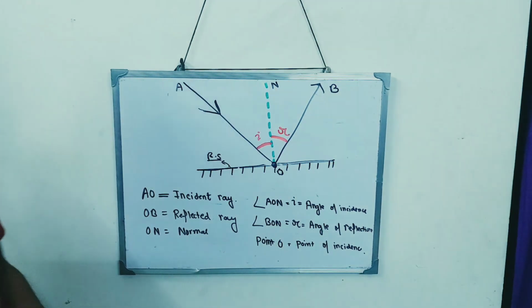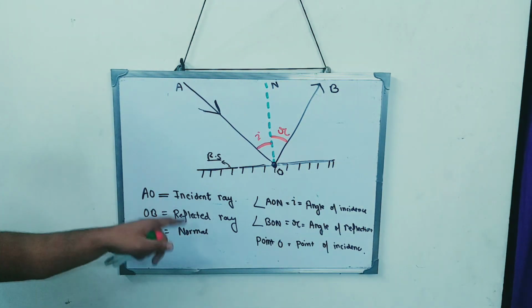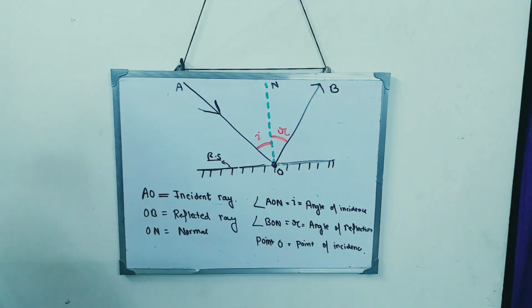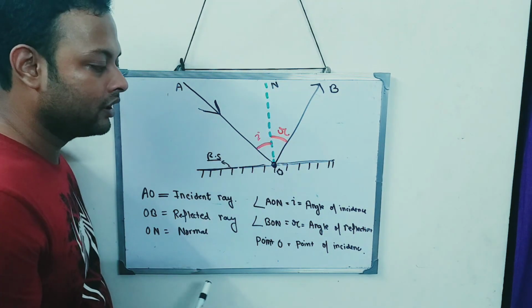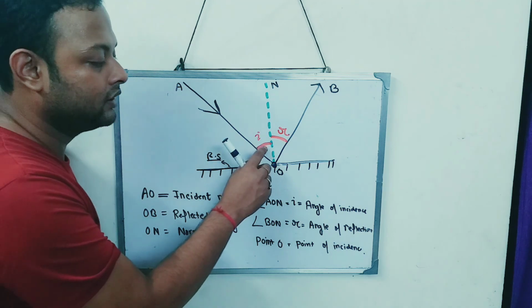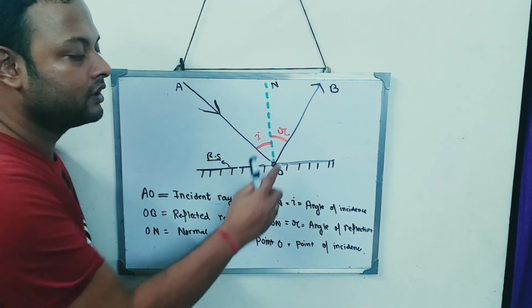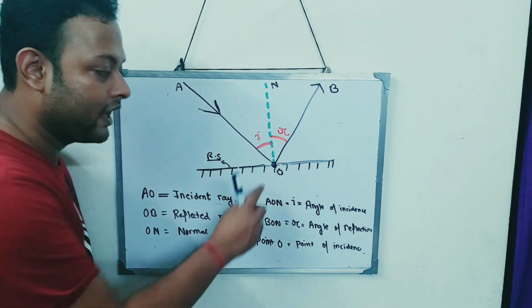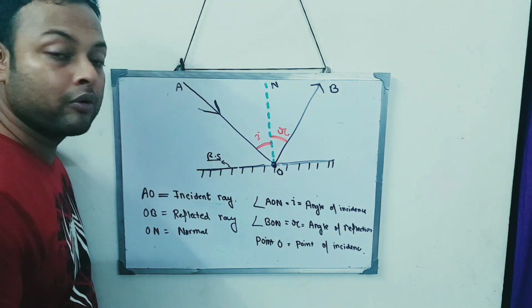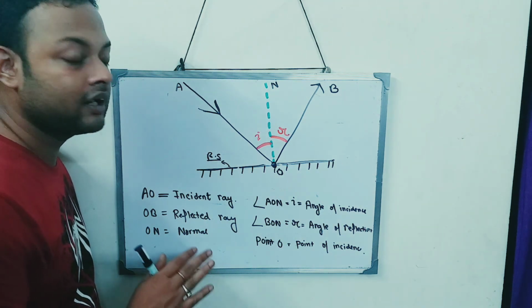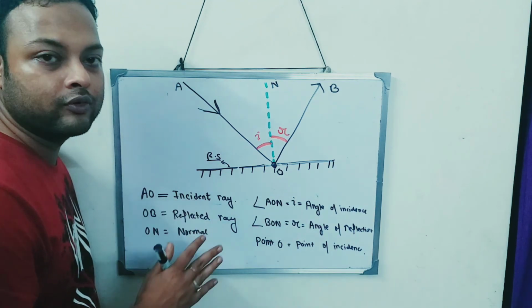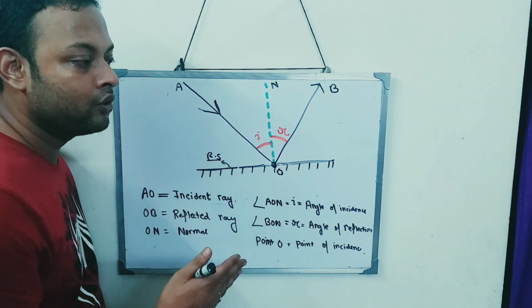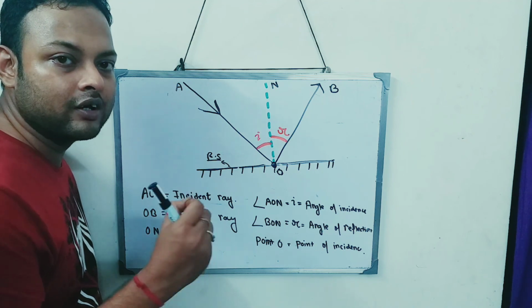So incident ray, reflected ray, normal, and three more things. This is called the angle of incidence, this is called the angle of reflection, and this point is called the point of incidence. So basically these six terms you have to know to deal with this topic, reflection.